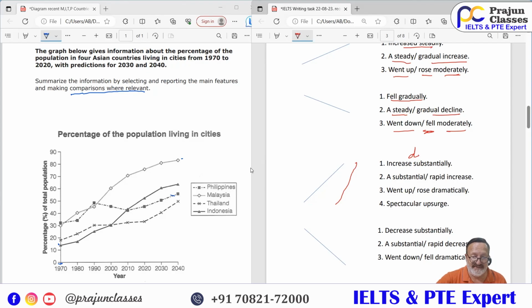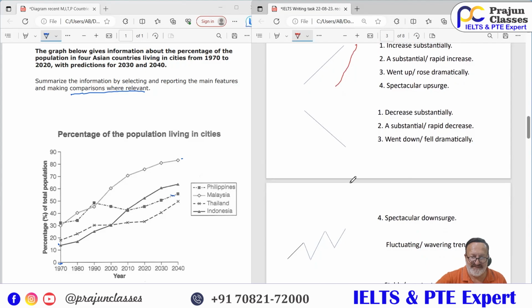This is a good vocabulary. Then if it decreases in this fashion, you can write decreased substantially, a substantial or a rapid decrease, or went down dramatically or fell dramatically. Or if there is a dramatic fall like this, then we can say a spectacular downsurge.